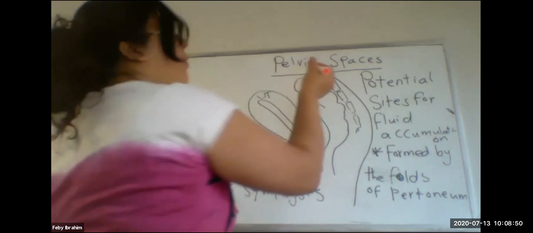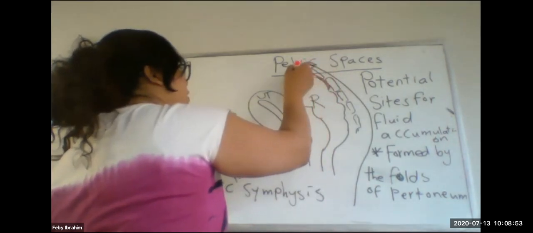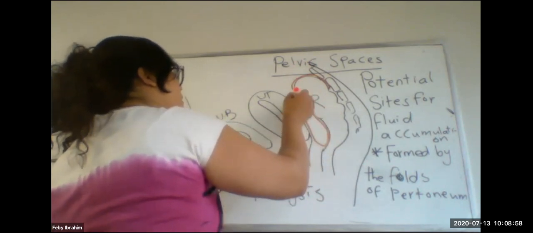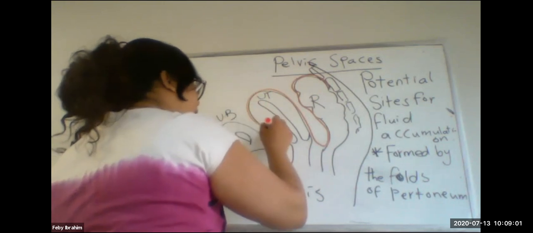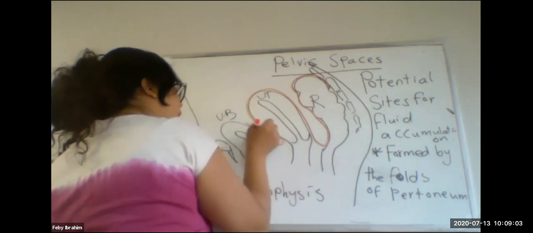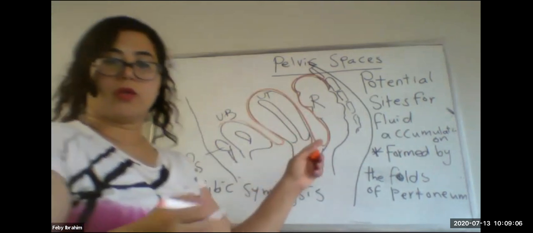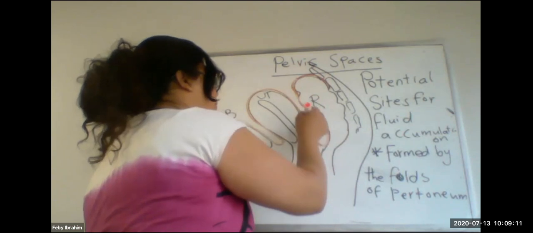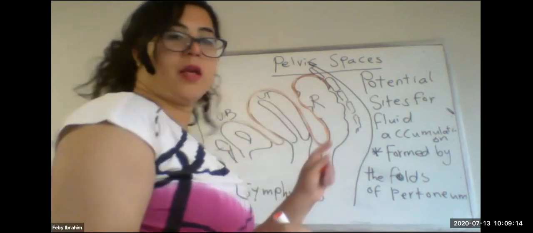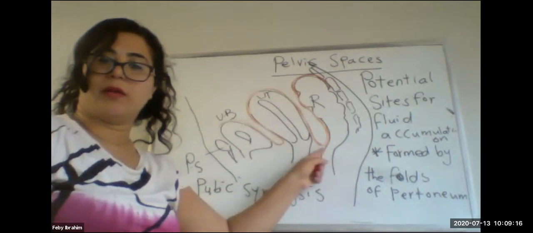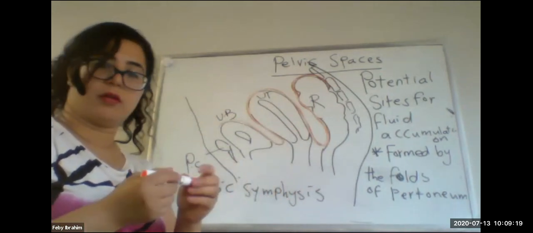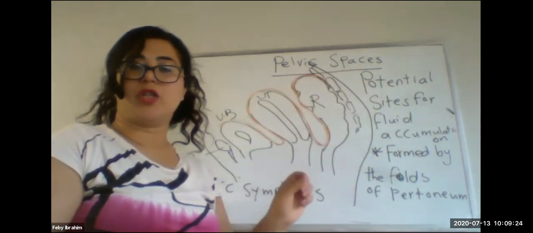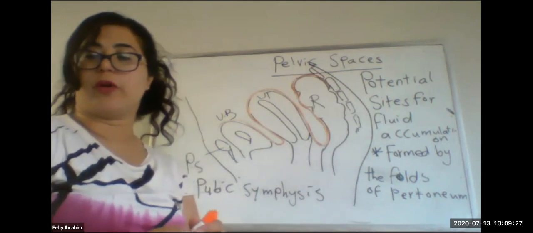Look here, we have a visceral peritoneum surrounding the rectum, another one surrounding the uterus, and one also around the urinary bladder. So imagine this is the visceral peritoneum, the membrane that surrounds the pelvic organs here. So pelvic spaces are potential sites for fluid accumulation, and formed by folds of peritoneum.